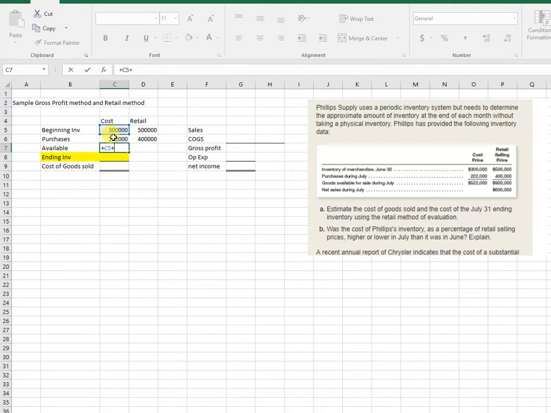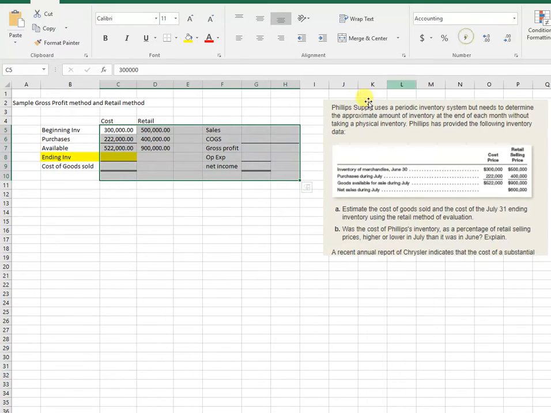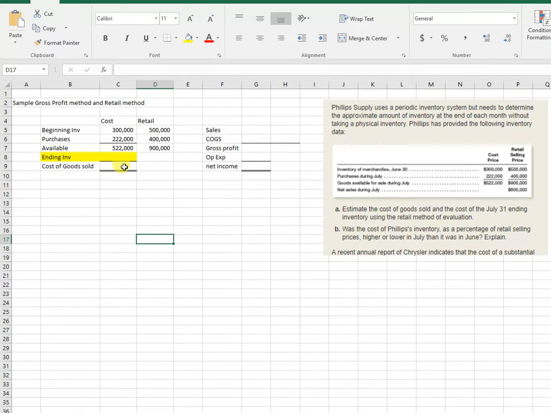Well, actually, I can just compute that. And I get the 522 and the 900,000 that they show. So maybe I'll make these commas. Okay. So now I have that. And I'm also told down here that sales are 600,000.